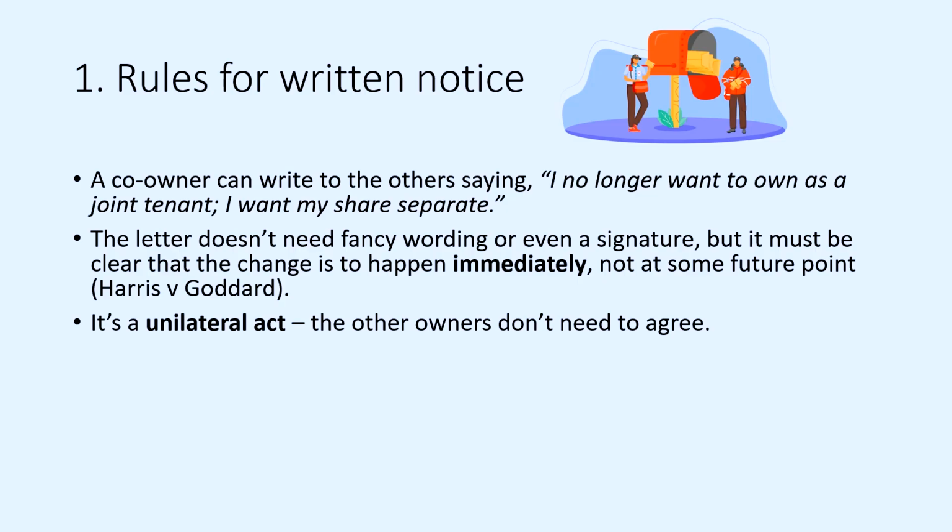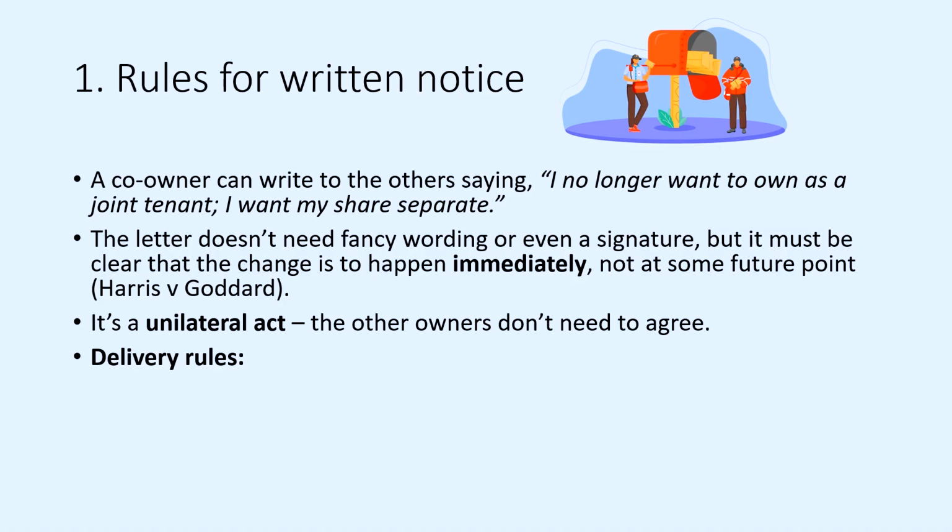As I already said, the reason why there's different rules for written notice is because it's a unilateral act, and you can do that even if the other tenants don't agree to it. Now, as you're talking about written notice, there's a couple of rules depending on which mail service and so on you choose.